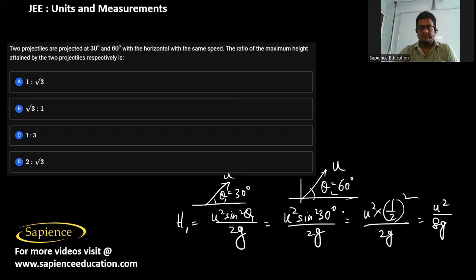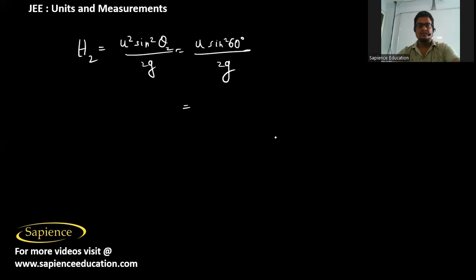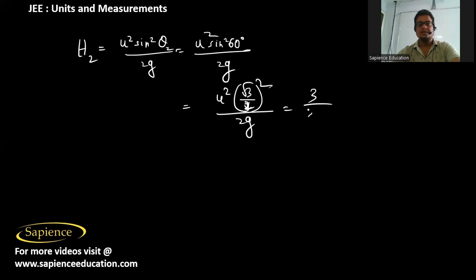So this is u square into (root 3 by 2) whole square divided by 2g. So this will be 3 by 8g, 3u square by 8g.